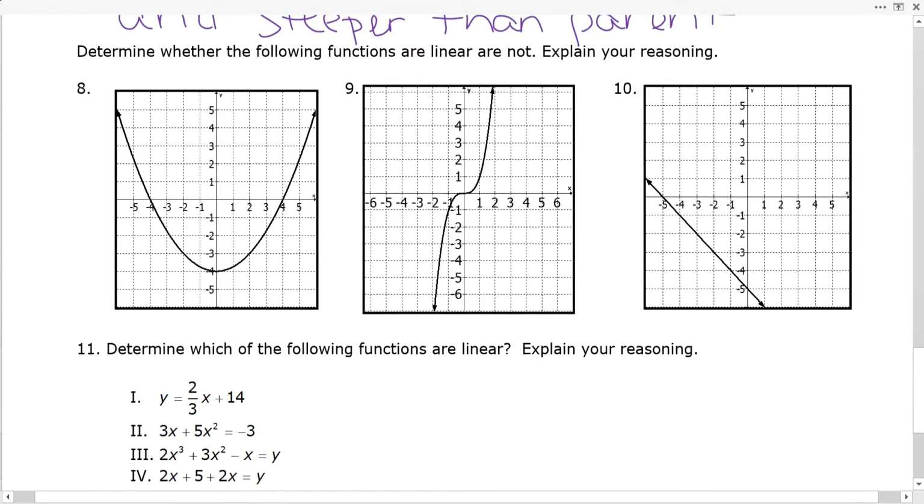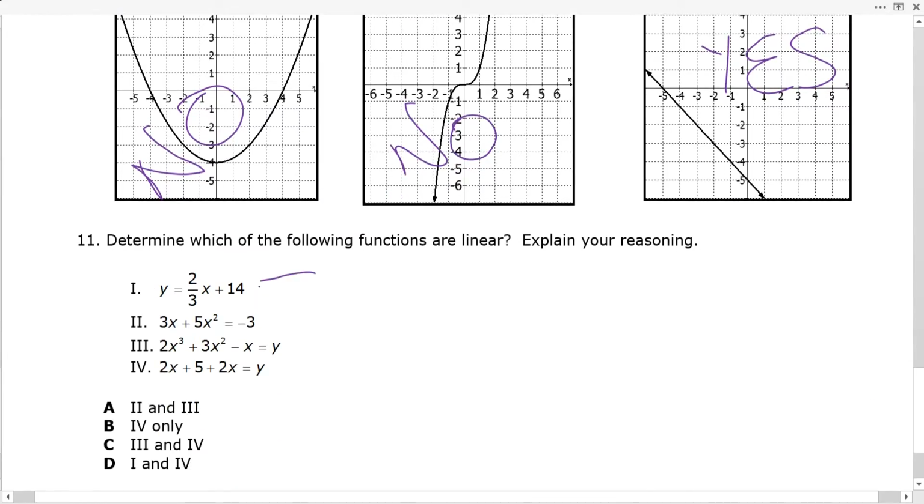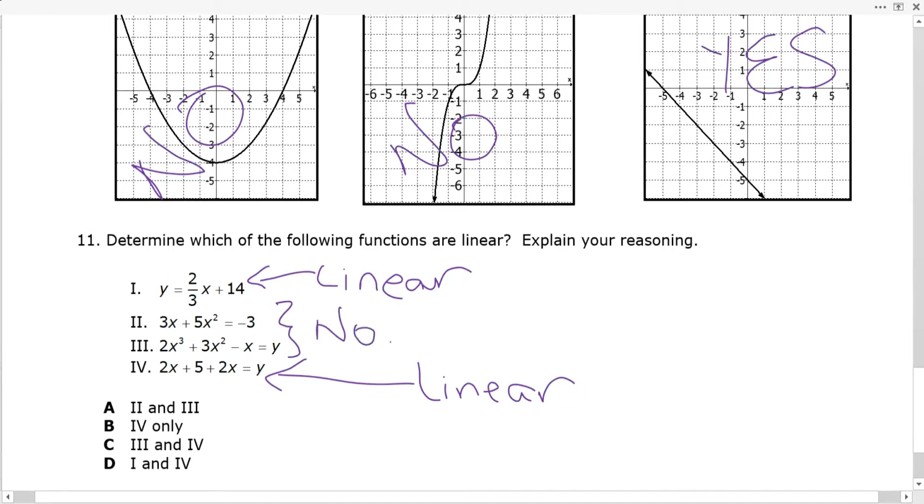Okay, so linear functions. Hopefully you realize that that's not linear, yes, linear. Hope you noticed in here, linear and linear. How do I know the other ones aren't linear? Because they have x to the power greater than 1.